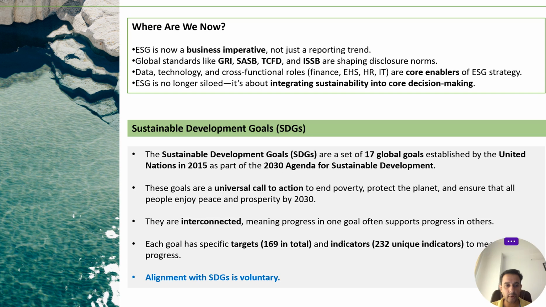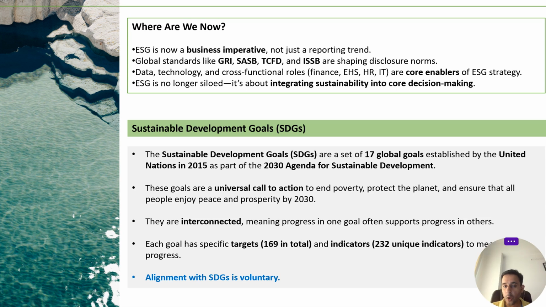If you are in R&D developing products which are low carbon alternatives to the products which are in the market, this is very much in sync with the pharma industries, with capital goods industries, right? So pharma industries, they have inhalers, they have devices which can be low carbon alternatives.